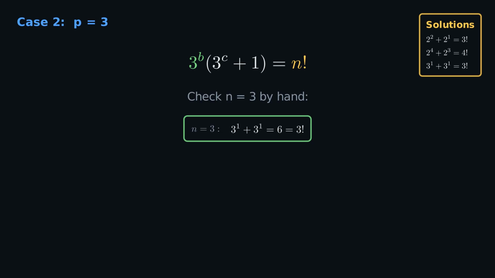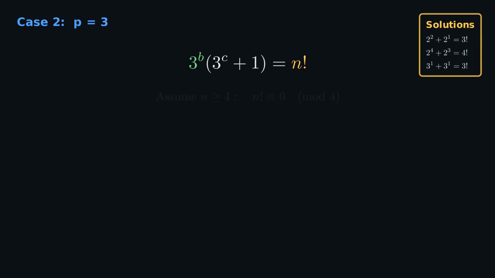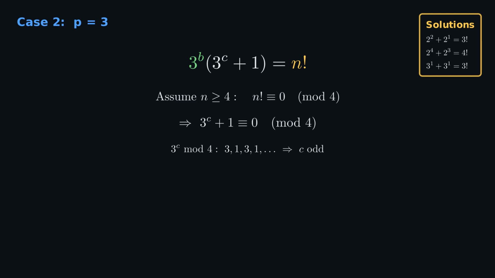So that's the only solution for n equals 3 and p equals 3. So now we assume that n is greater than or equal to 4, and we're going to reduce modulo 4. And note that, once again, n factorial equals 0 modulo 4, because n is at least 4. And by arguments we made earlier, we know that 3 to the c plus 1 must equal 0 modulo 4. And so again, you can check by hand, but this only works if c is odd.